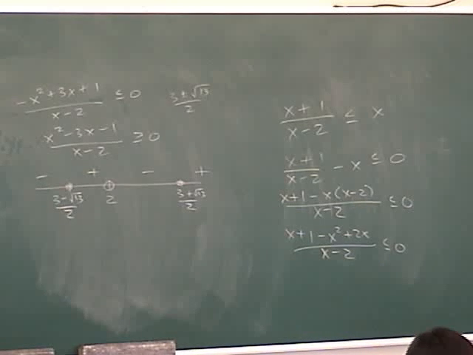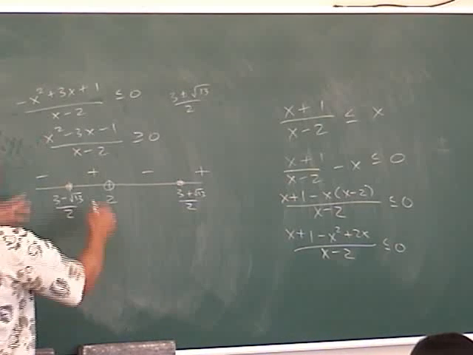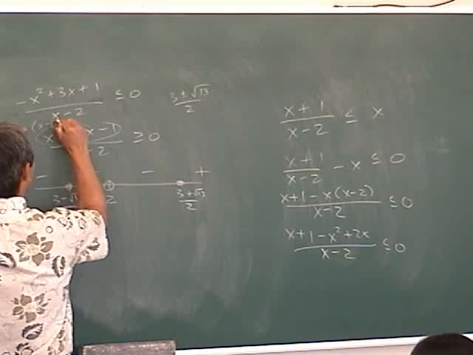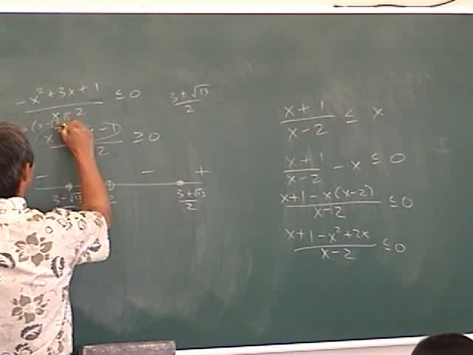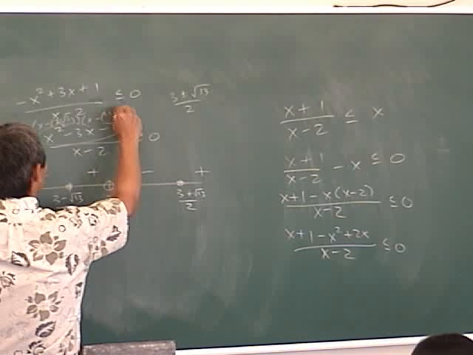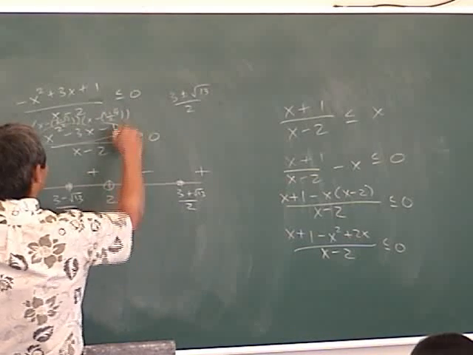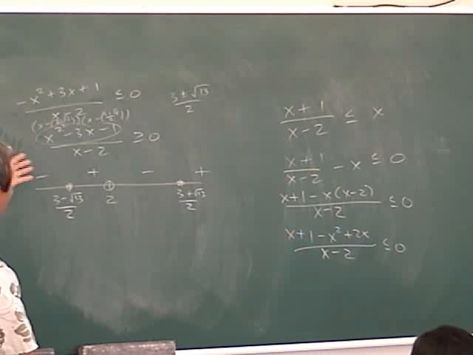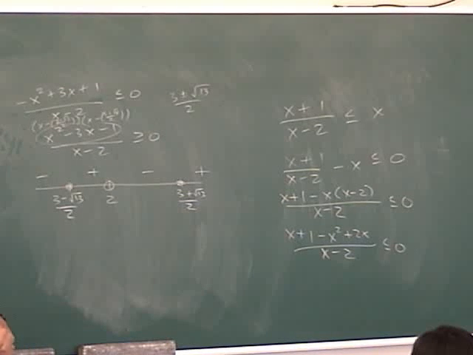Yeah, but Mr. Park, I don't see any factors. Yeah, but see, isn't this the same thing as x minus (3 minus root 13)/2 and x minus (3 plus root 13)/2? That's what it is, except it's all ugly, right? So see how they have odd powers on it? So everything's going to alternate.